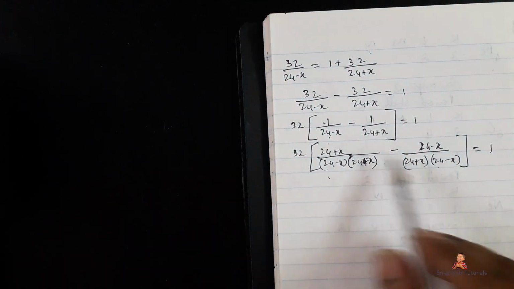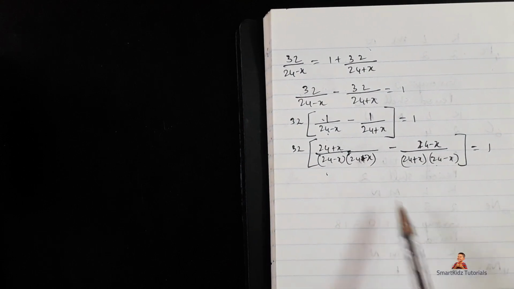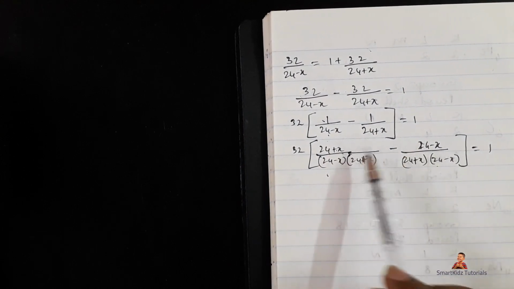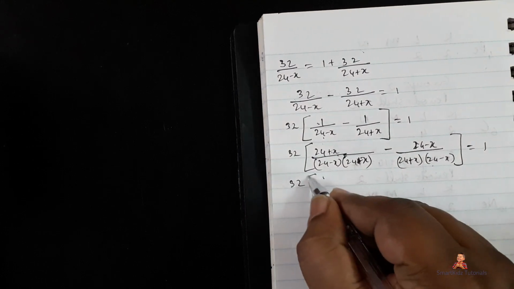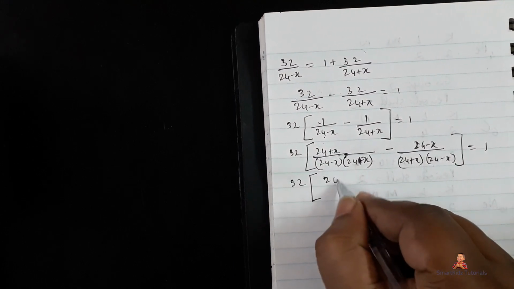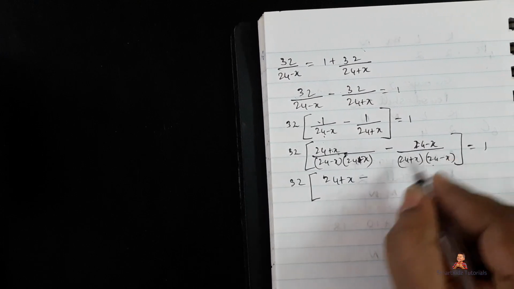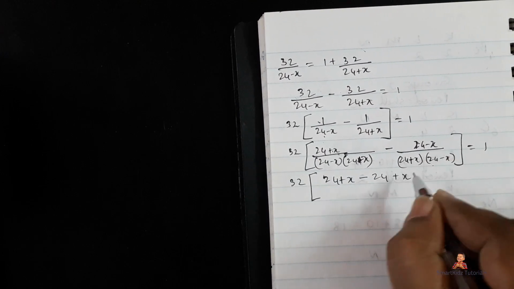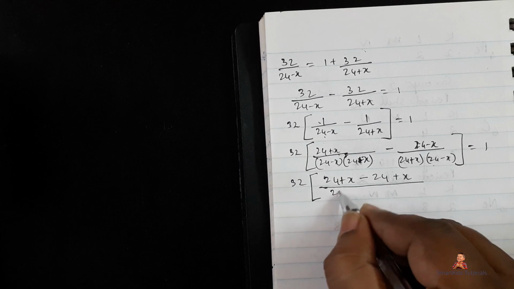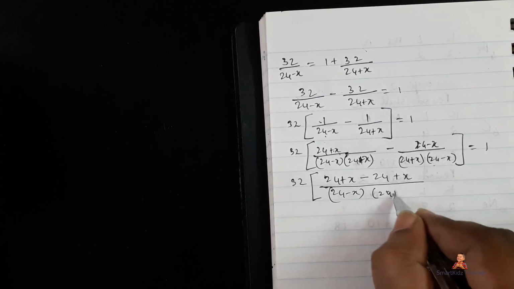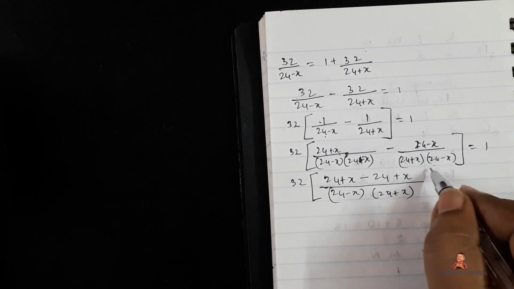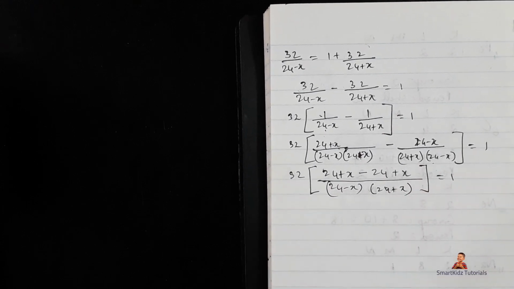So now the denominators are the same for both, which means we can add and subtract the numerators. So 32 keep outside, 24 plus x minus 24 plus x, whole thing upon 24 minus x into 24 plus x equal to 1.